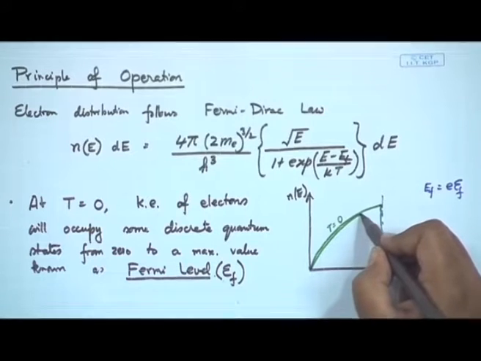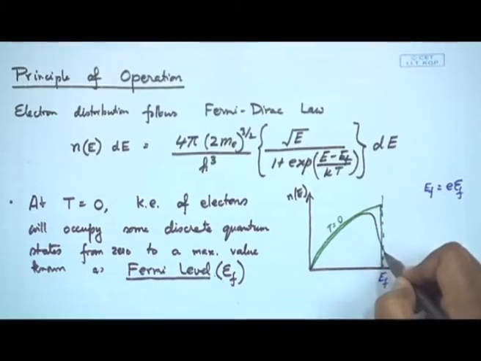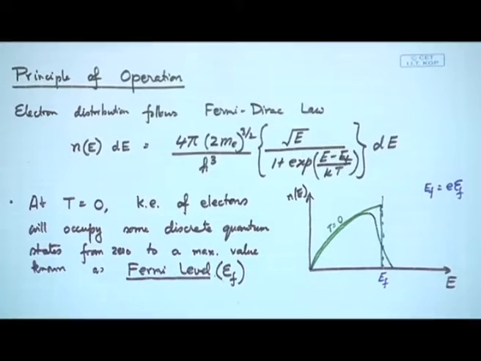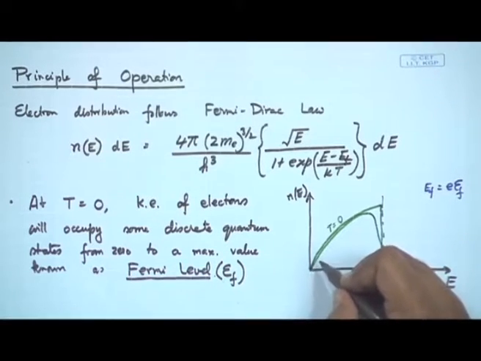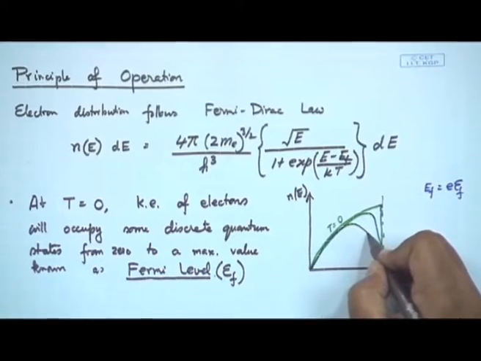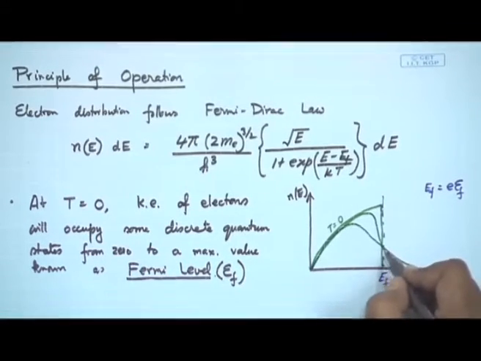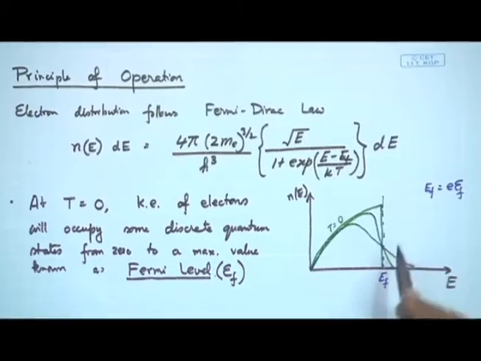It goes like this, and then some of the electrons will be in this manner. Then I increase it even further, it goes like this, and so this is how it continues. So, you can see that there are some electrons, as given by N of E, which are above the Fermi level.